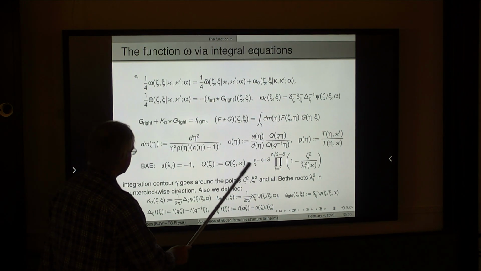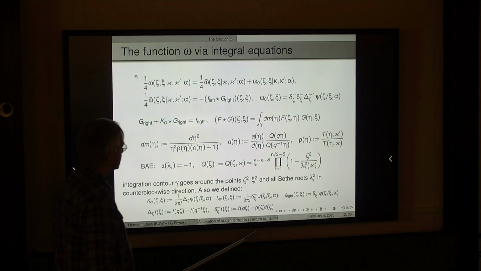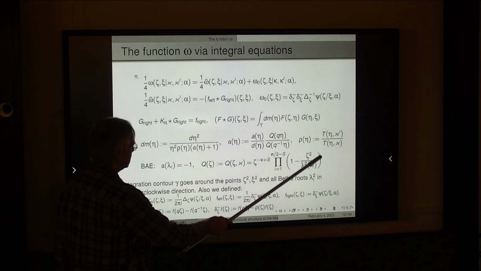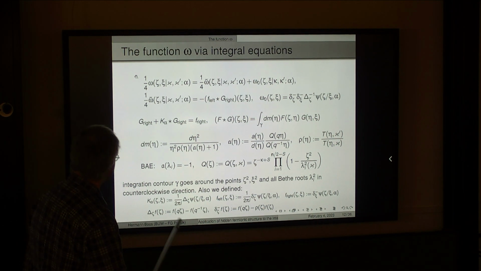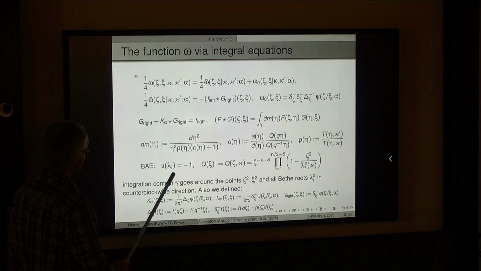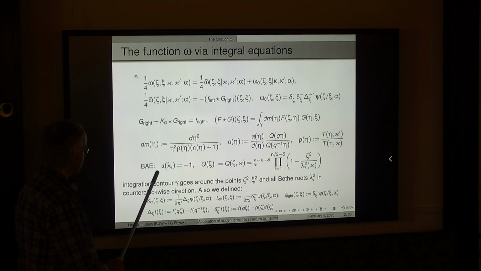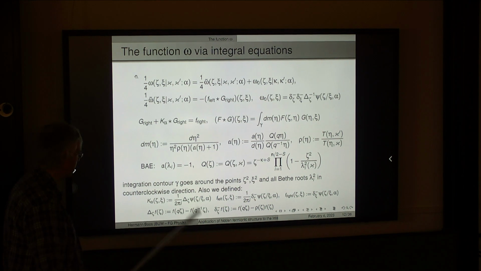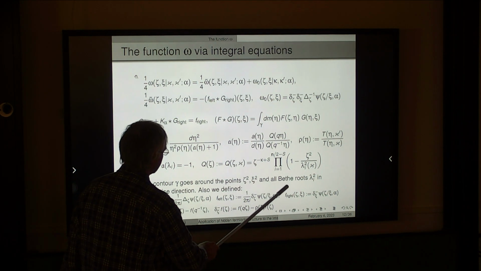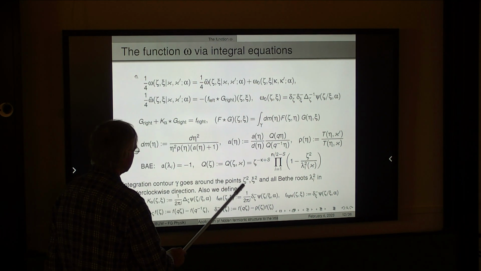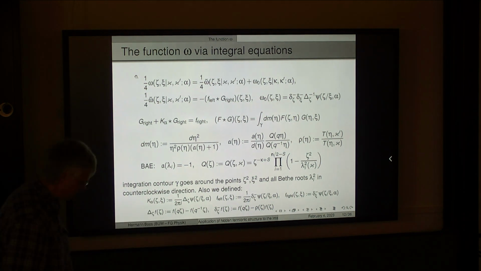So Q is, as we know, a polynomial up to this multiplier with zeros at beta roots, and the beta roots, lambda I, in principle can be found from the Bethe ansatz equation, which is this. Yeah. Contour gamma goes around all beta roots, and also zeta squared and psi squared must be inside the contour.